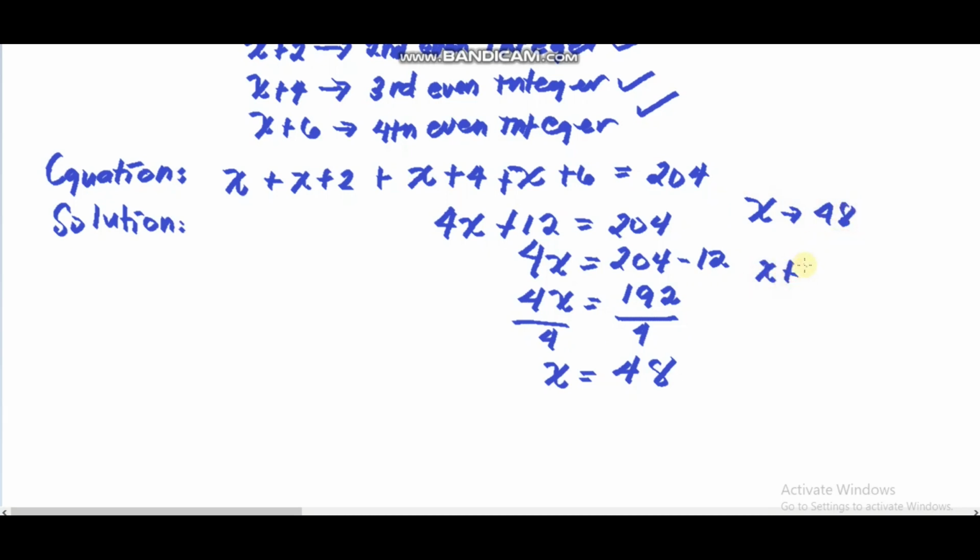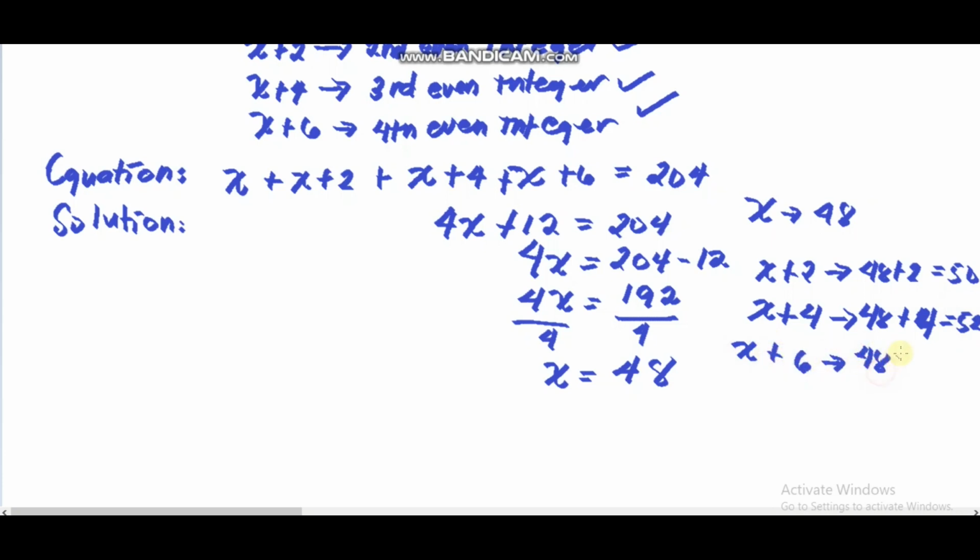X plus 2, that is 48 plus 2, which is 50. X plus 4, we have 48 plus 4, it's 52. X plus 6, 48 plus 6, 54. So we will now have our conclusion, or the answer of the problem.